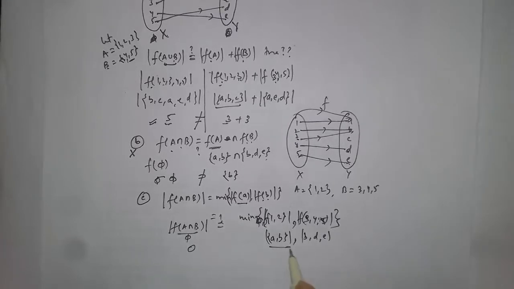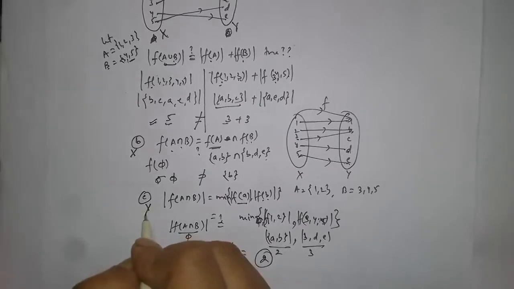The minimum of the cardinalities, 2 and 3, is 2, but 2 is not equal to 0, so option C is also wrong.